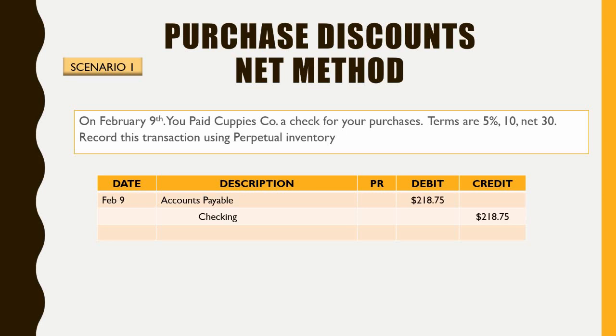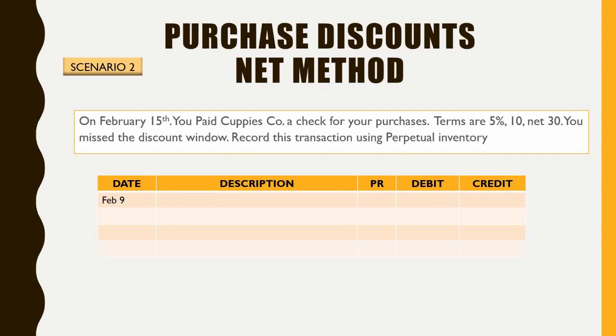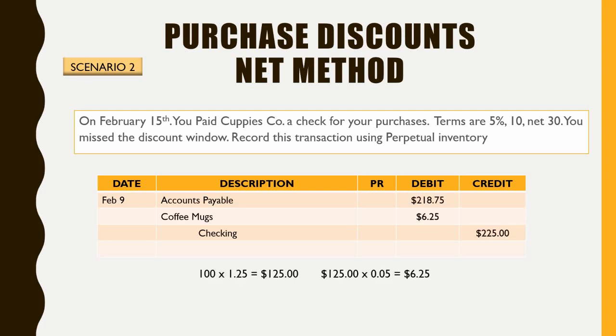So all you're going to do is pay for what you recorded that you owed, which is the $218.75. But what happens if you accidentally missed it? Well, then you're going to have to take that discount and plug it back into your coffee mugs, because you end up paying everything full price instead of taking the discount. Okay? No contra accounts necessary, right?